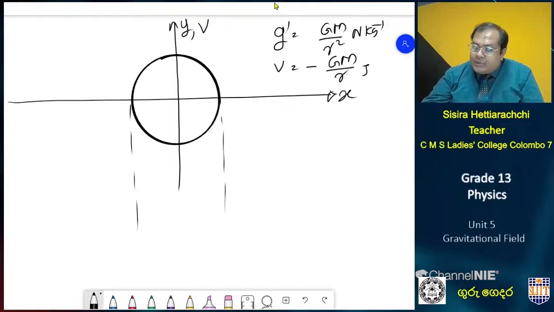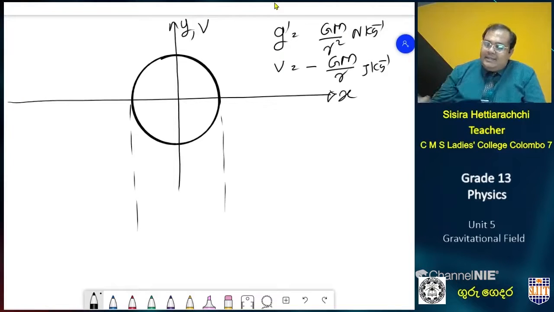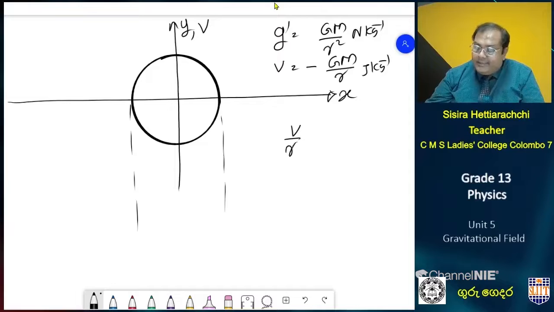This is in joules per kilogram. You can see a nice relationship between them. What is that? If you divide this potential equation by the radius, again it equals GM over R squared.